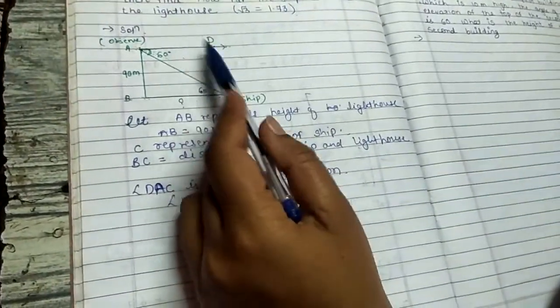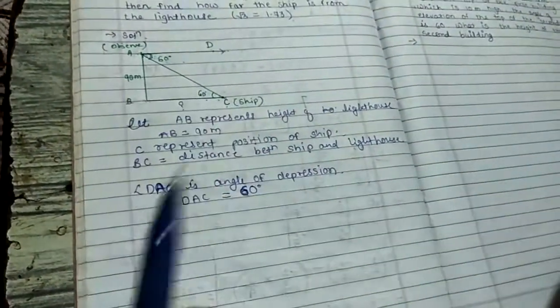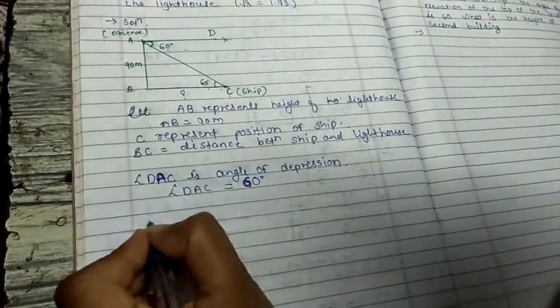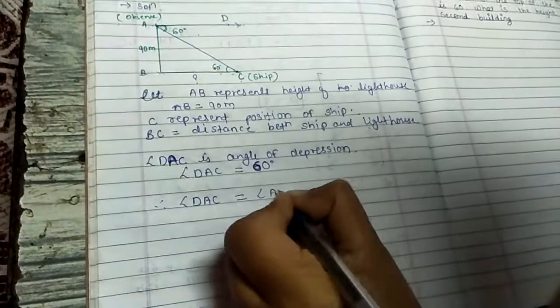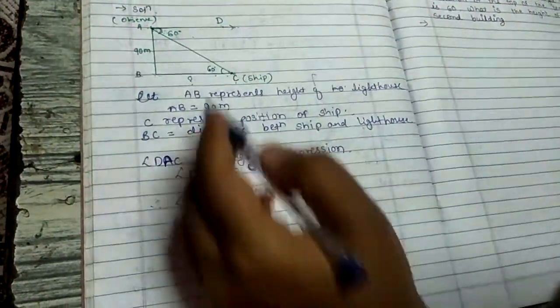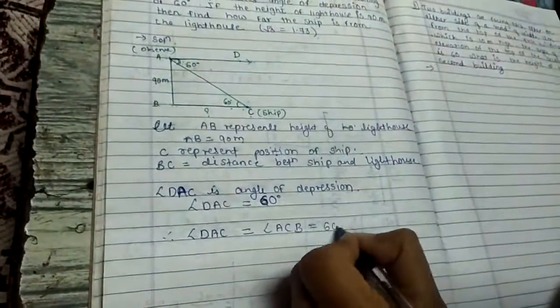But if you observe, DAC and ACB are alternate angles. Therefore angle DAC is equal to angle ACB, which is equal to 60 degrees.